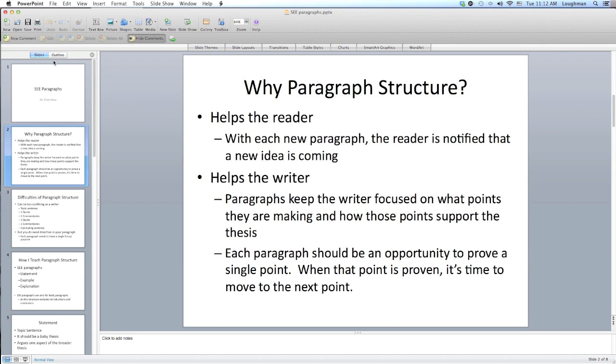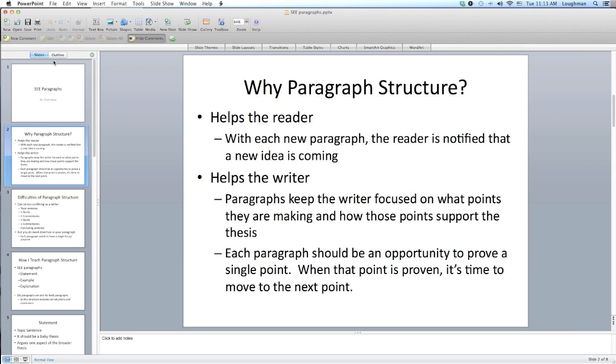But paragraph structure also helps the writer. It keeps the writer focused on what points they're making and how those points support the thesis. So when you as a writer start a new paragraph, you need to think to yourself, what is the purpose of this paragraph? What am I trying to accomplish in this paragraph?